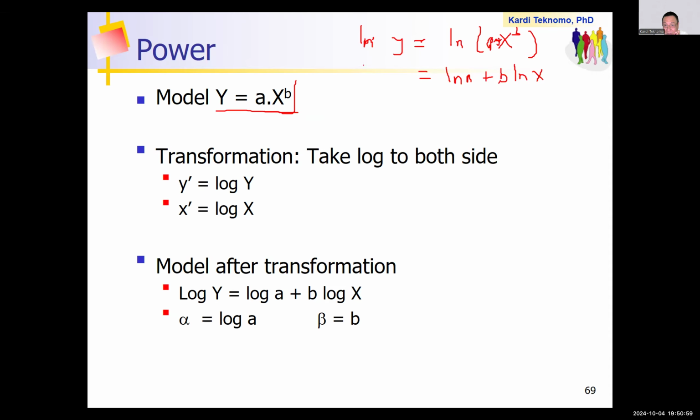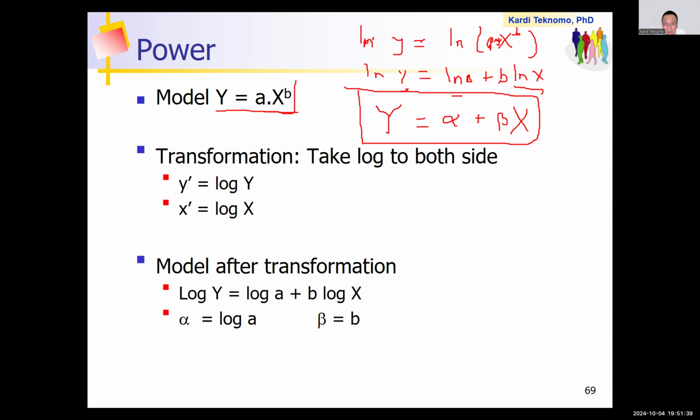So ln y, I can substitute: I can put ln y as capital Y, equal to ln a, which I put as alpha, plus b, which I put as beta, times ln x, which I put as capital X. Oh, I got a linear model.